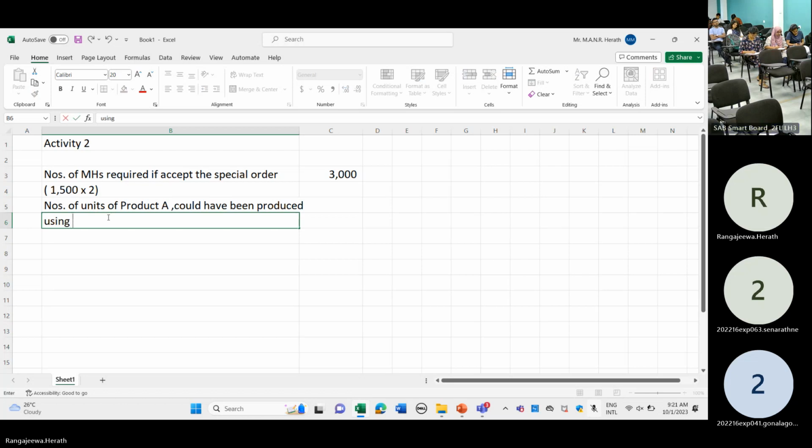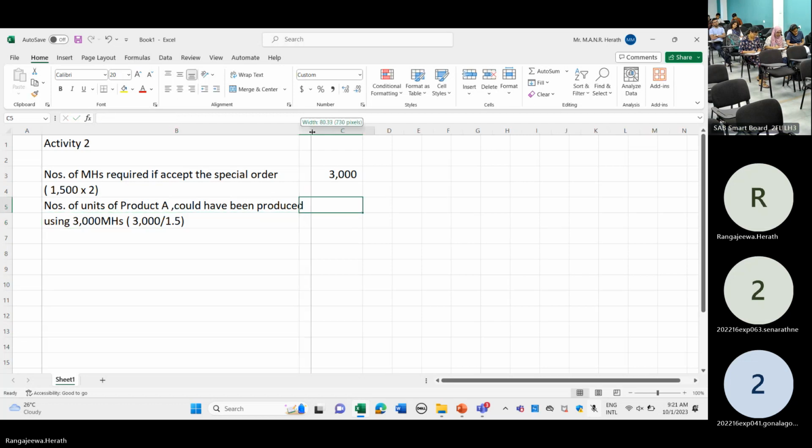You see, 3,000 machine hours. To produce 1 unit of product A, the standard product, it costs us 1.5 machine hours. So we could have produced 2,000 units of product A using these 3,000 machine hours.